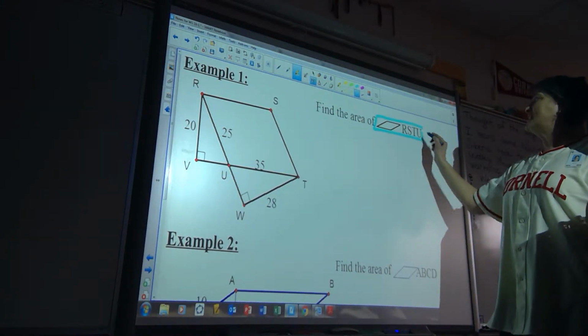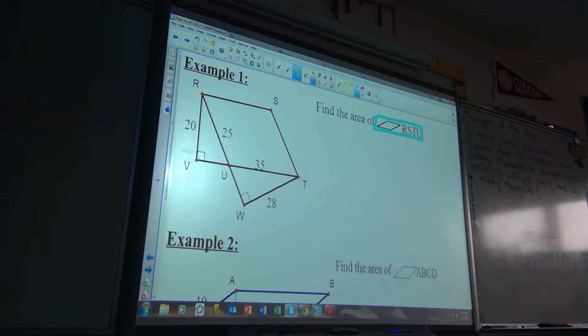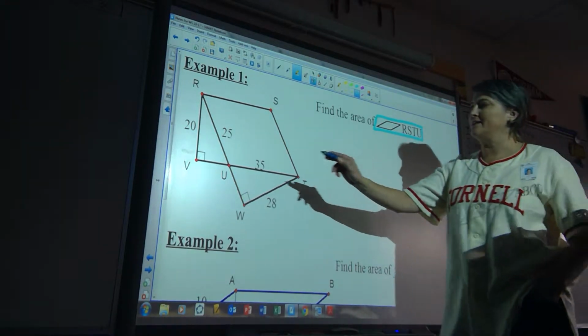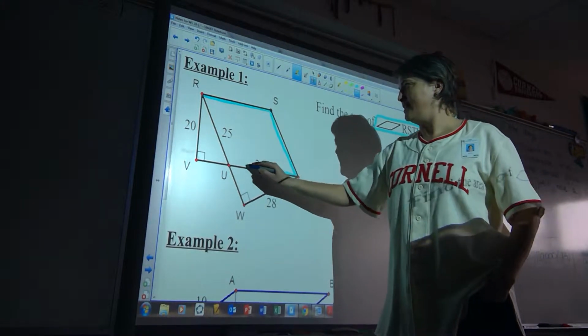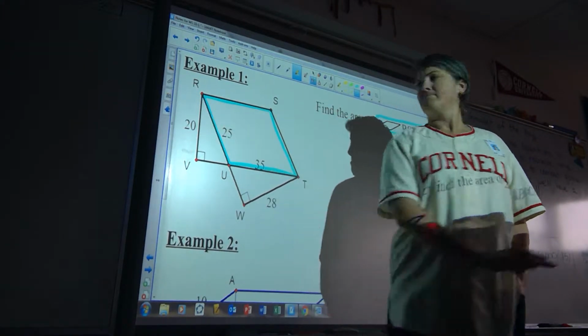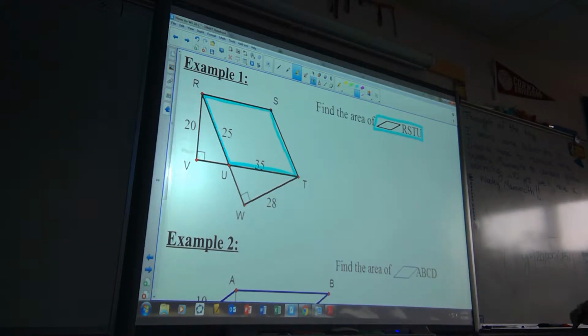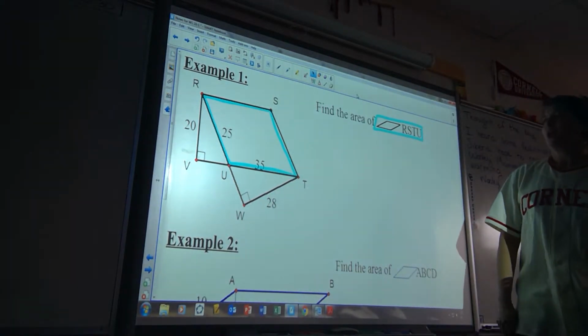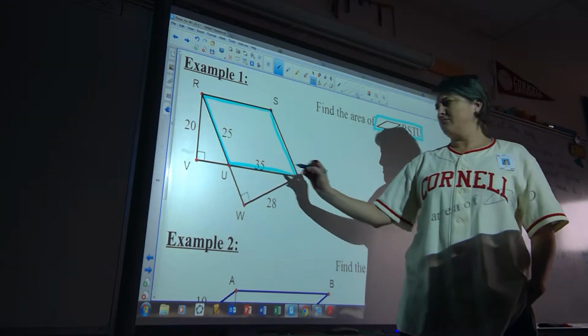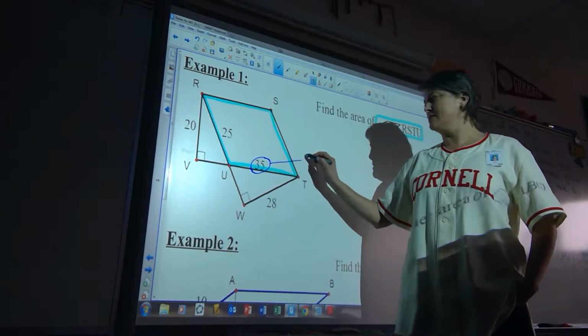All right, we need to focus on RSTU. There's several shapes here, so I'm gonna highlight RSTU. And I've got myself a parallelogram, right? It's not a rectangle. And I think I could go ahead and call this the base.